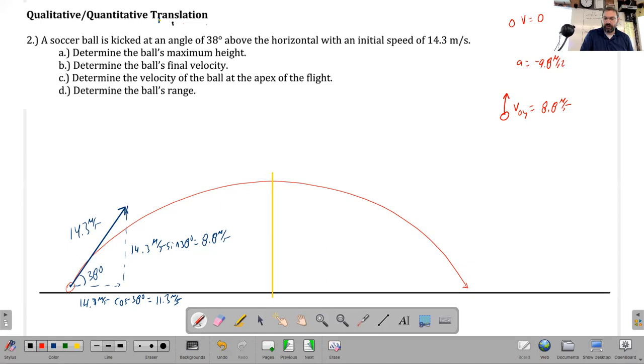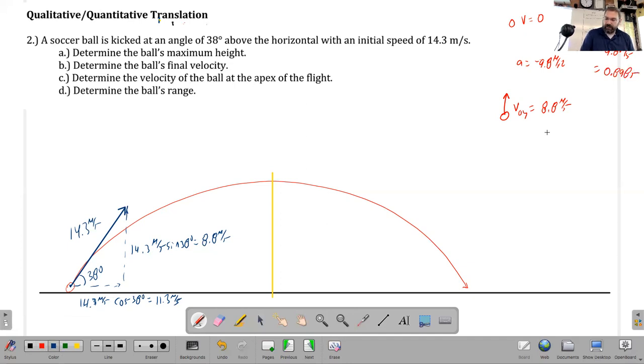With that information, you can calculate the time that it takes to get to the top. So the time is equal to the delta v over a. The change in velocity is negative 8.8 meters per second, over the acceleration, negative 9.8 meters per second squared. That'll get you a time, 8.8 divided by 9.8, 0.898 seconds.